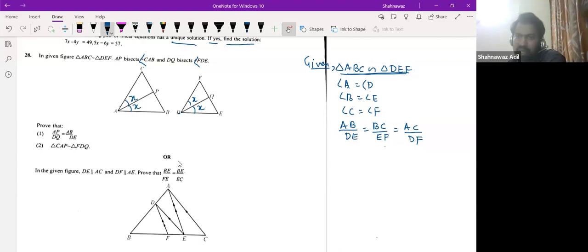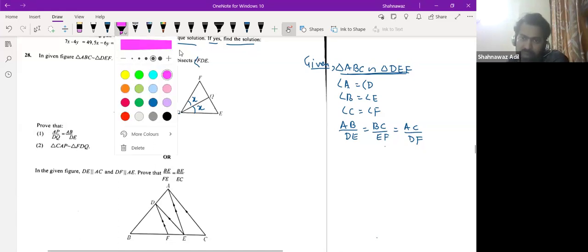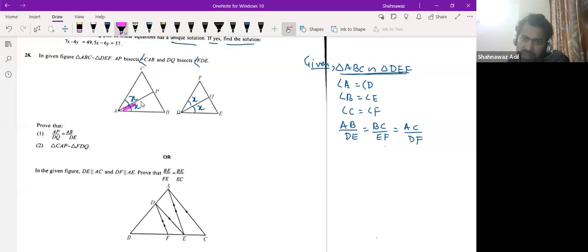We have to prove that AP by DQ is equal to AB by DE. So these two things are coming in which triangle? What is the triangle that we have to take? These are coming in this triangle, this one and this one.